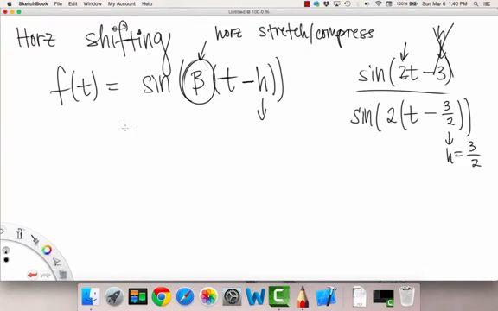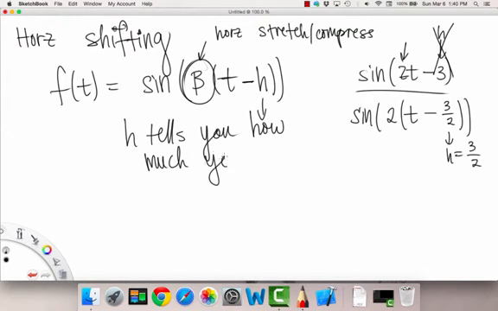So h tells you how much your graph moves. We could say shifts, to be formal about this, left or right.